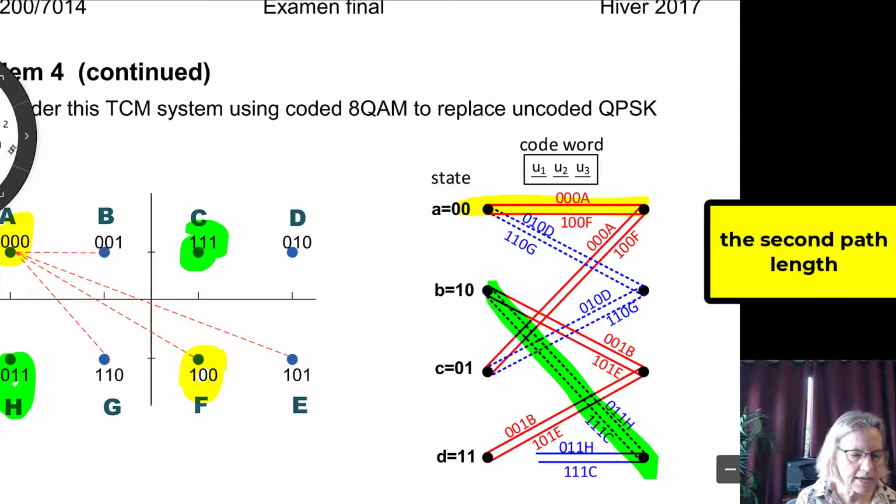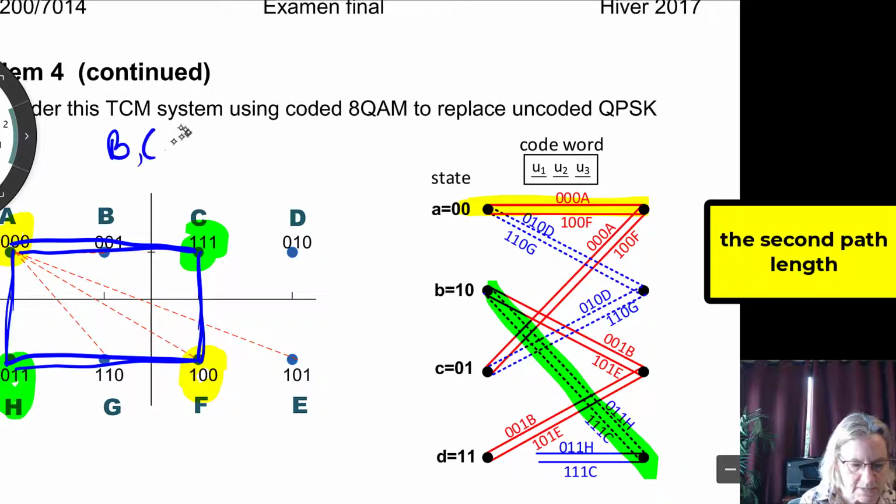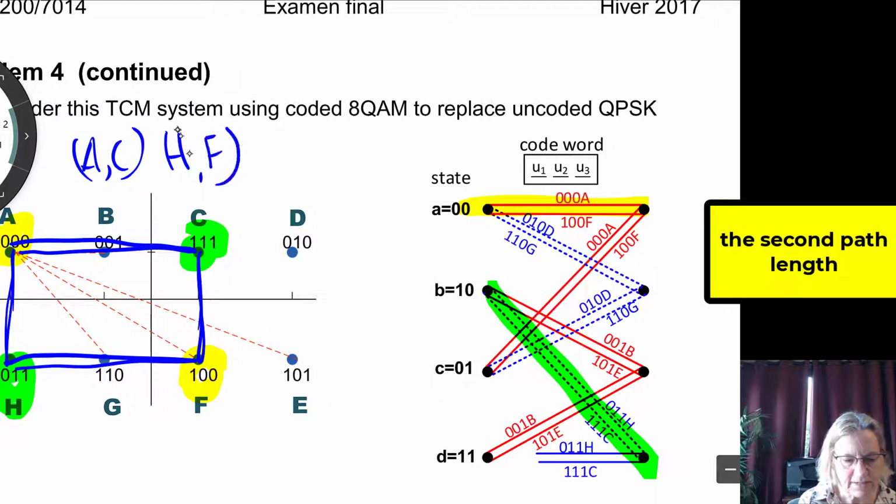So we start looking again at the different combinations, what the distances are between A and C, between H and F, between C and F, and between A and H. So we have basically 2 distances, the AC distance, which is equal to the HF distance, which is greater than the distance between AH and CF.